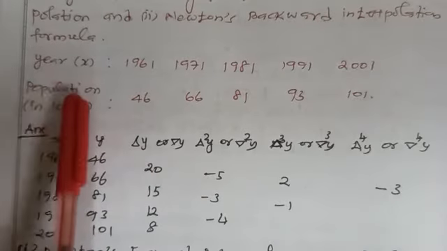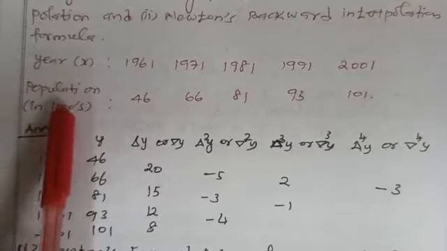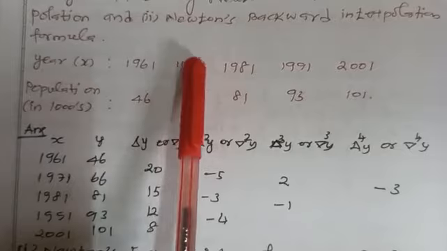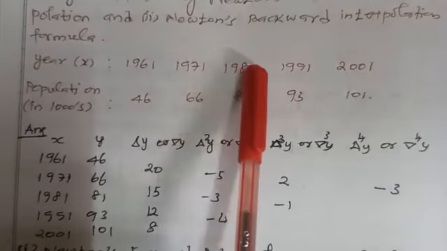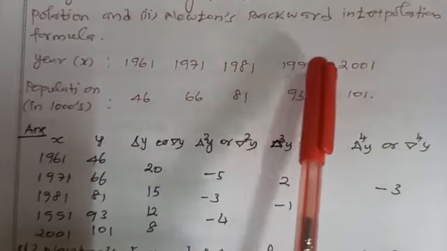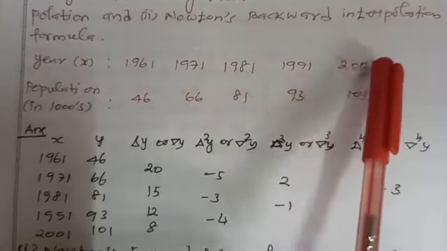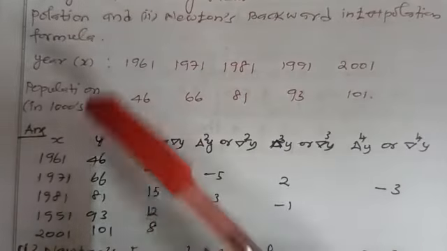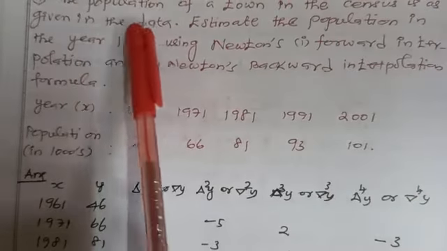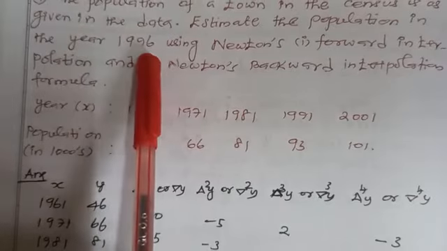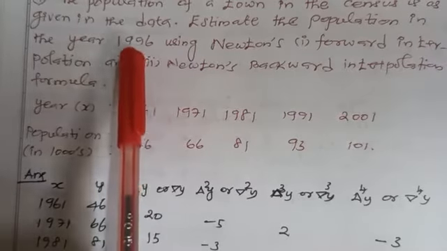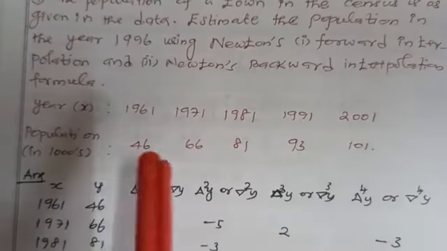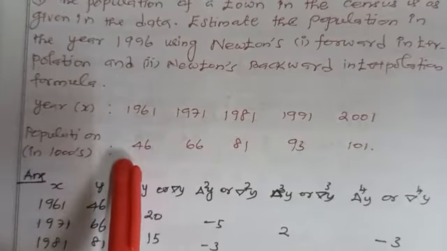The y value is population in thousands. In 1961, 46, 1971, 66, 1981, 81 and 1991, 93 and 2001, 101. Here the given sum, we have to find out what is the population in the year of 1996, either by Newton's forward method or Newton's backward method.